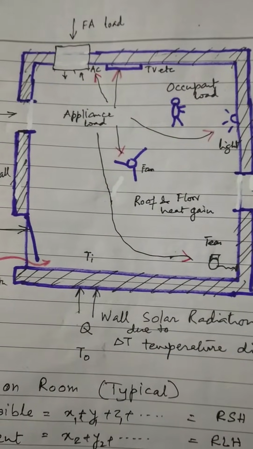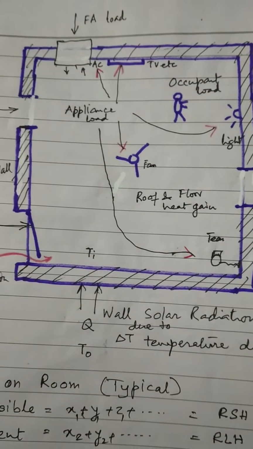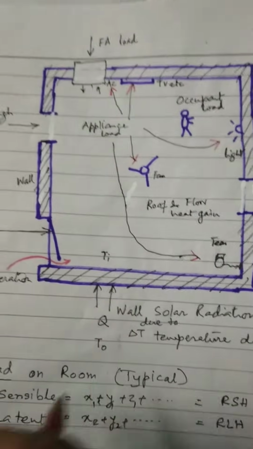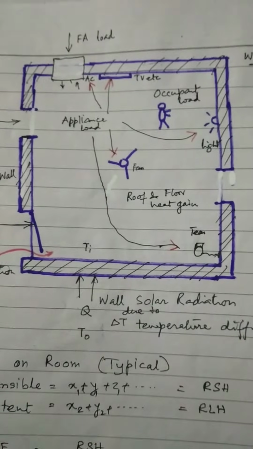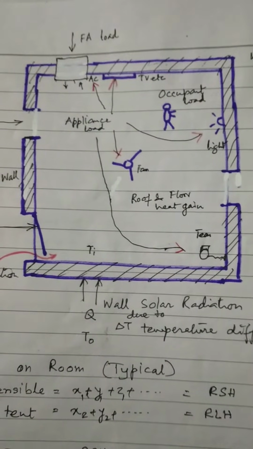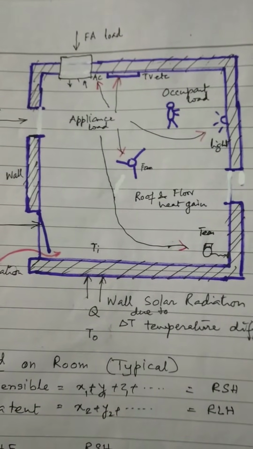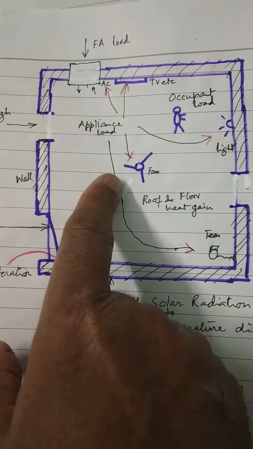Here I am looking at the same room from a very different perspective, and that thought is that this room has a number of pieces of information which I am going to gather. What is the information?